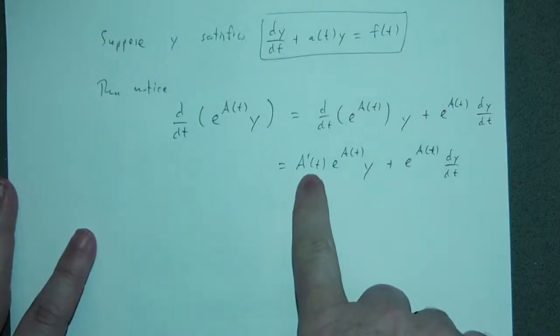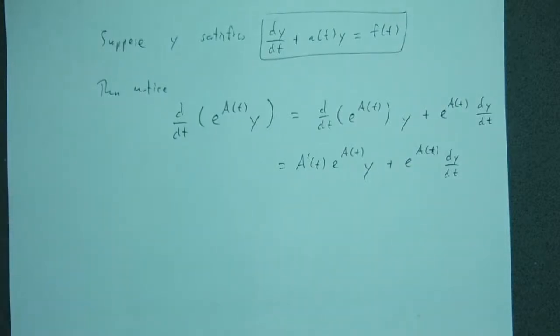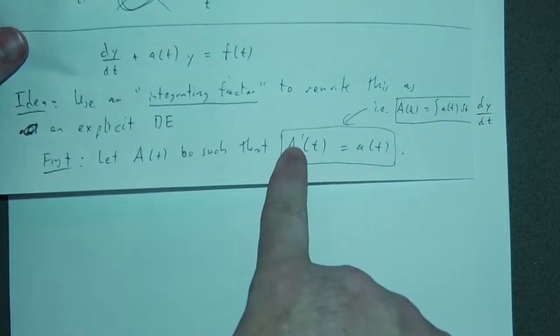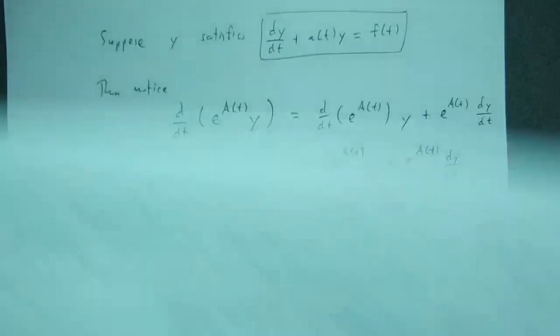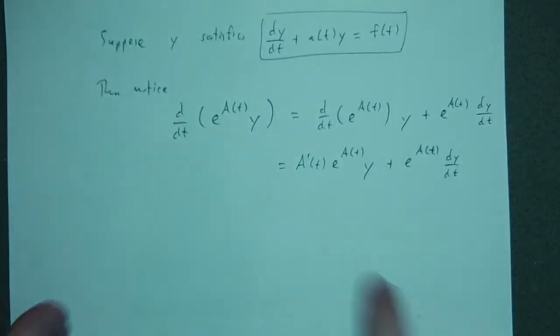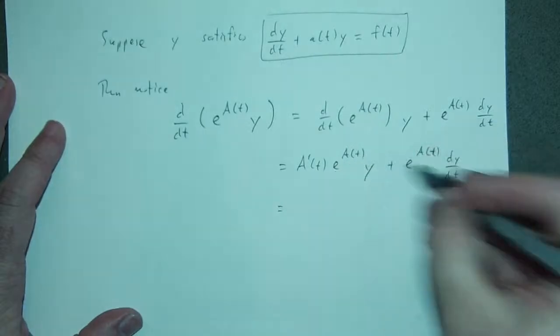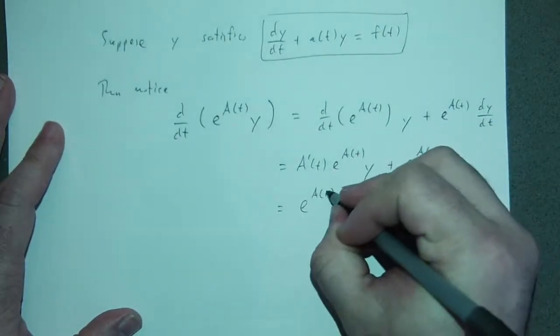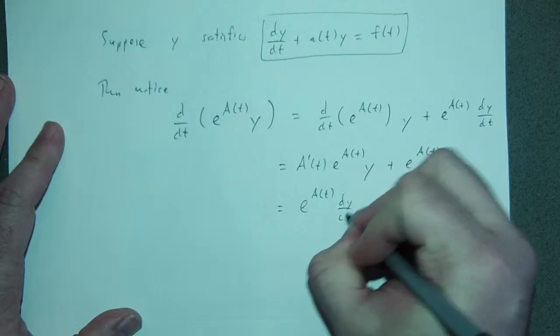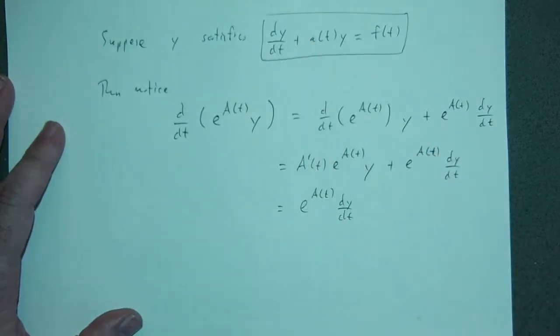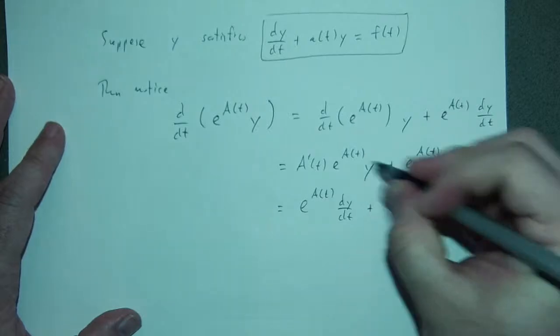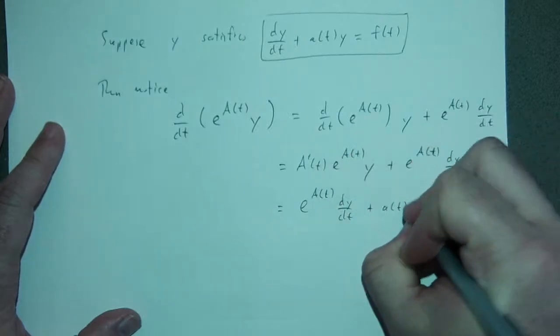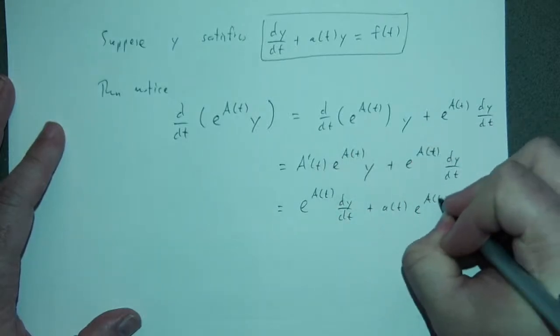But we've said to let big A be such that big A prime is equal to little a. So then this is really little a. And I'm going to rewrite this as e to the big A of t dy/dt. So I've swapped the order of this so you can see what's going on up here. So e to the big A of t dy/dt plus little a of t e to the big A of t y.